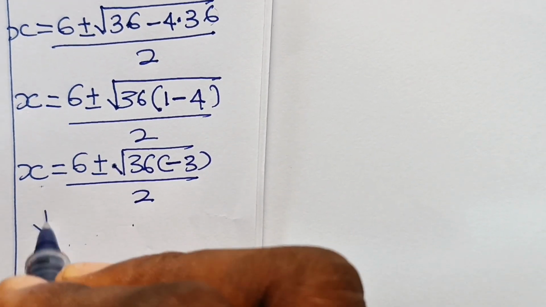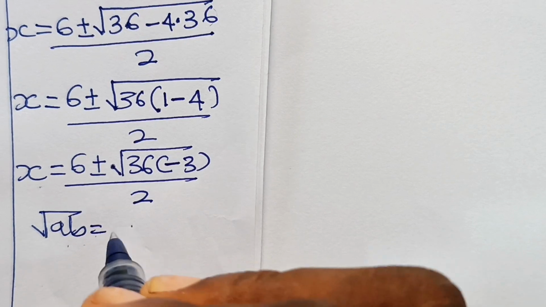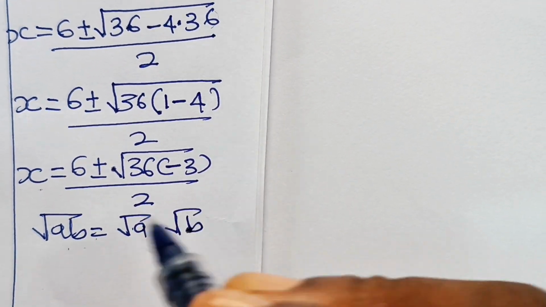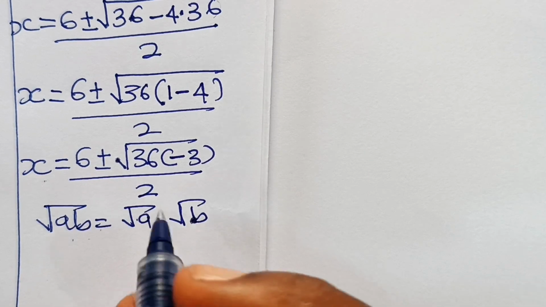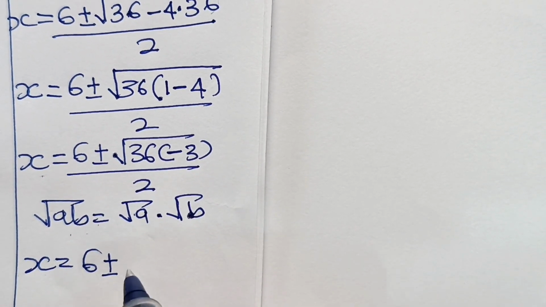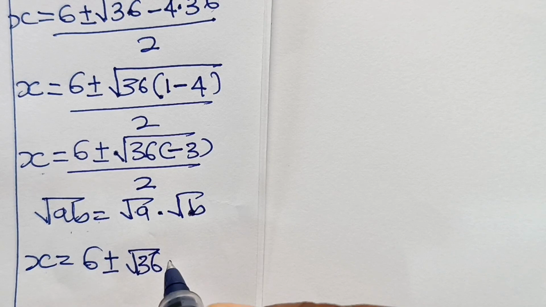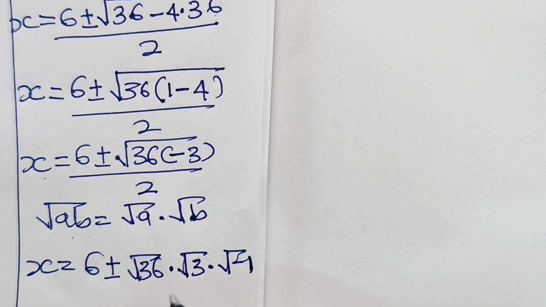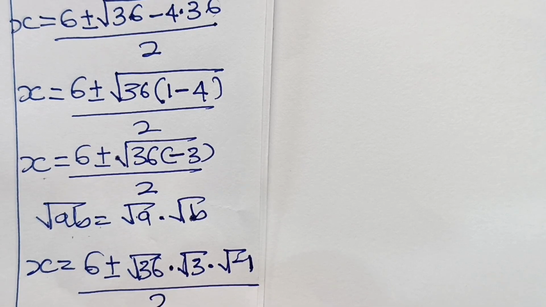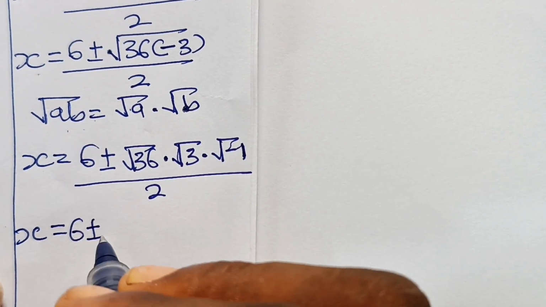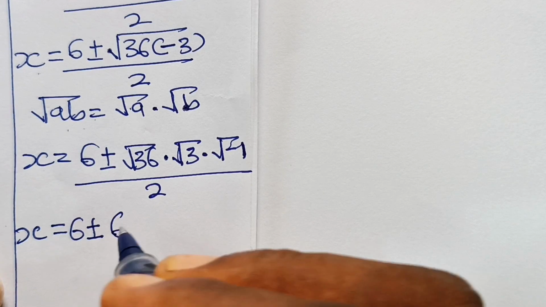Now recall that square root of AB is equal to square root of A multiplied by square root of B. So that means that we can write this as x is equal to 6 plus or minus square root of 36 multiplied by square root of 3 multiplied by square root of minus 1, everything divided by 2.